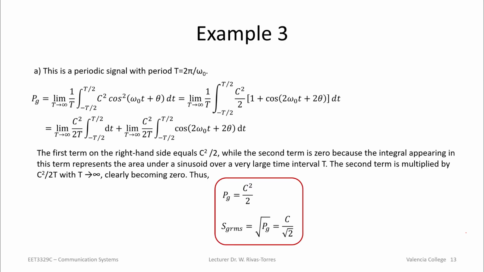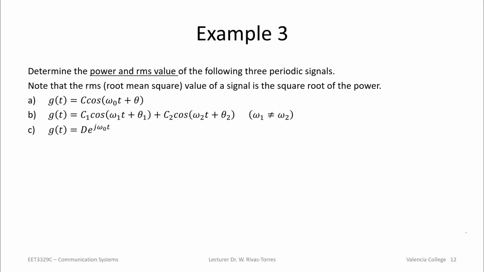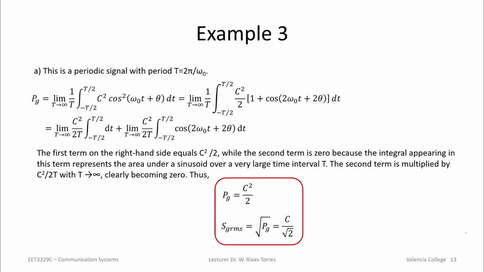So for the first equation, and let me remind you, that's just c cosine of omega 0 t plus a phase theta. You just square the signal, and then you have to remember the identity for cosine squared: cosine of x squared is 1 plus cosine of 2x, all over 2.